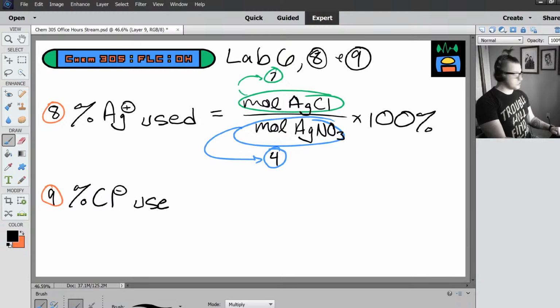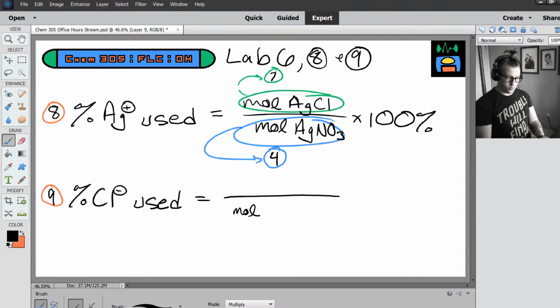Interesting, they actually don't give us an equation for the percent of chloride used, but the percent of chloride that ends up getting used will be, so the numerator here still will be moles of silver chloride, which we've already established gets calculated in step 7.